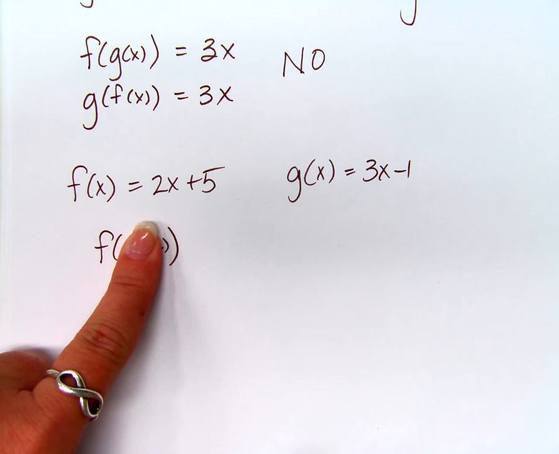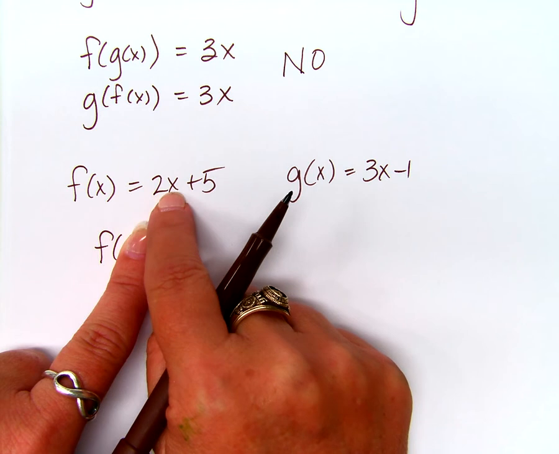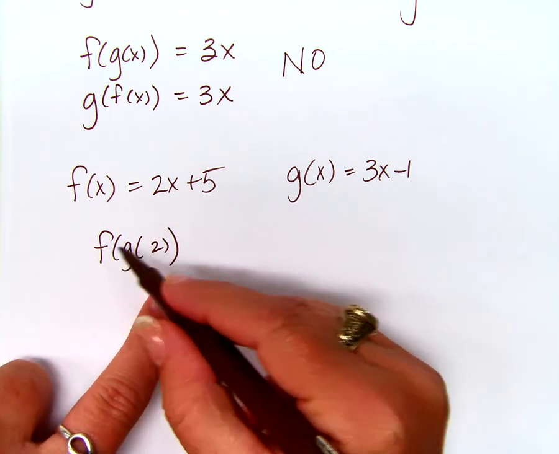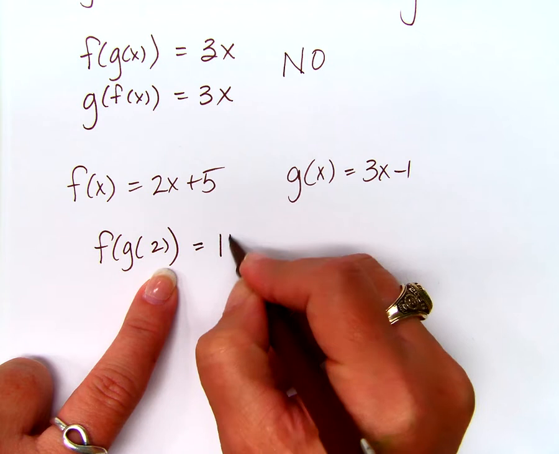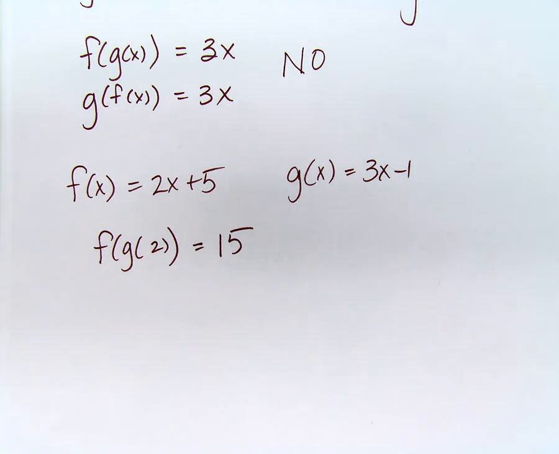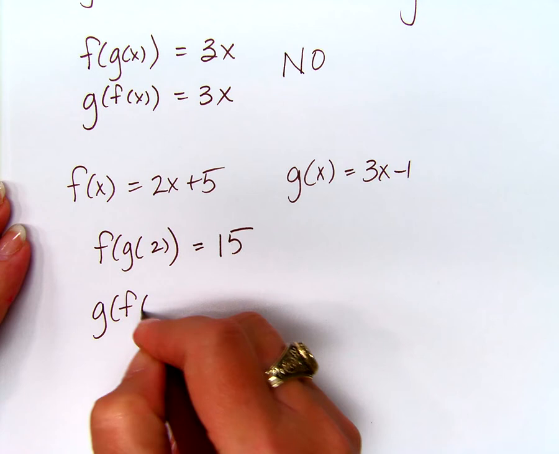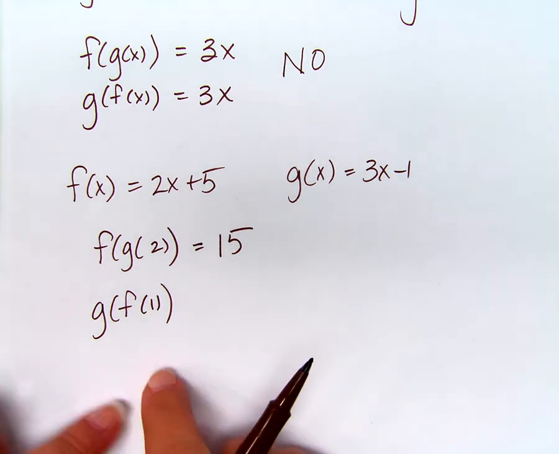So now what do you have to do? Yeah, f of 5. Find f of 5. So 2 times 5 is 10 plus 5 is 15. So f of g of 2 equals 15. Does that make sense? Can you do g of f of 1? Where would I start?